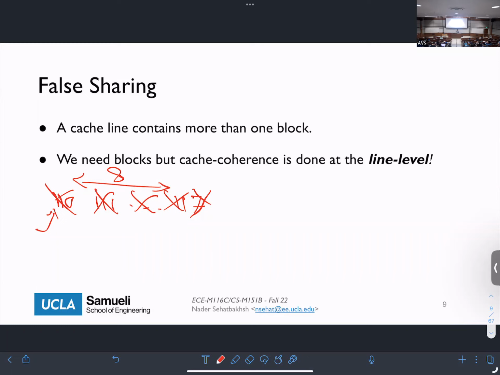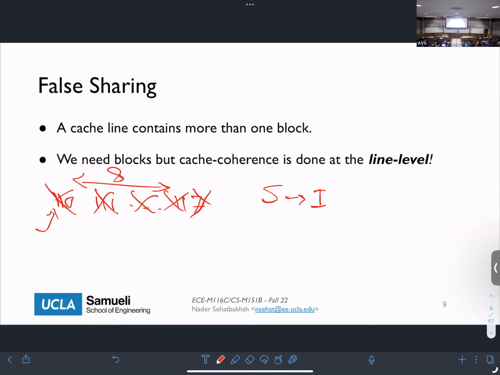So if a line is shared, it means that the entire line is shared, not individual blocks. And if, for example, we want to transition from S to I, it means that that line of cache has to be evicted from that cache.